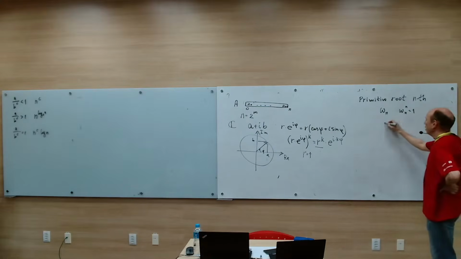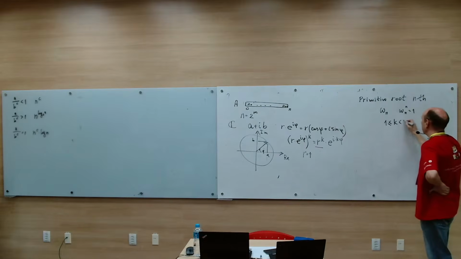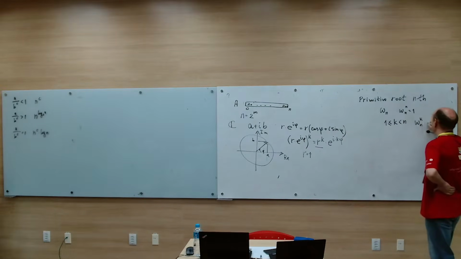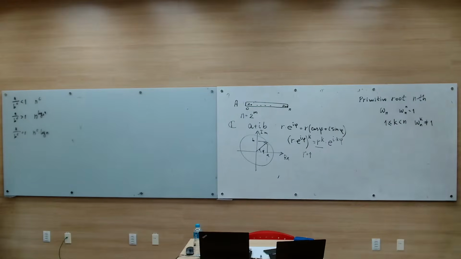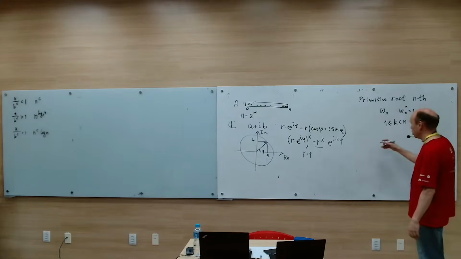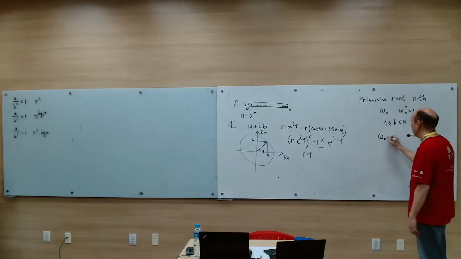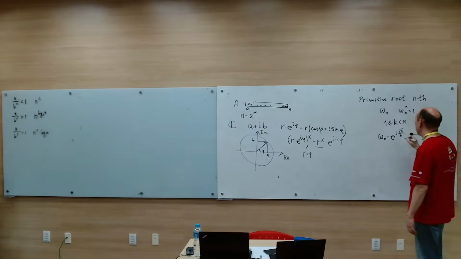So for any k with 1 less than or equal to k less than n, omega_n to the power of k is not equal to 1. There are potentially many roots of unity, approximately as many as the numbers coprime to n around the circle, but we will use the easiest one to notice, which is e to the power of i times 2 pi divided by n.